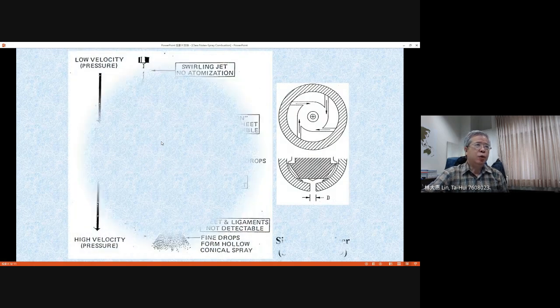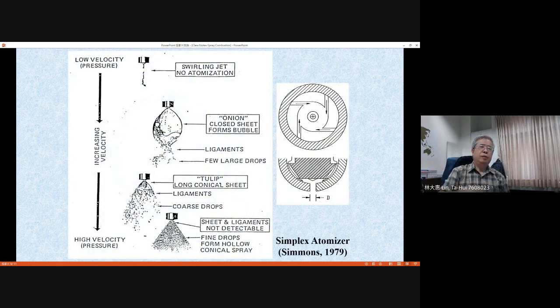Now we go to a more real application on the industry side. I give you the example of the simplex atomizer, as I mentioned before. This is a typical mechanism I want to explain. The liquid fuel comes from the tangential directions, then flows into the chamber inside the injector, and produces circulation, the swirling.